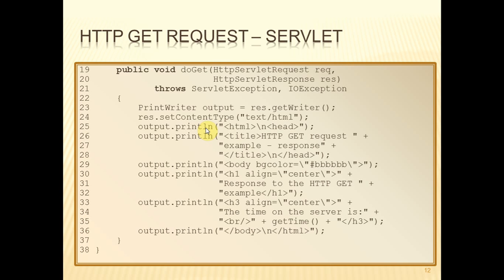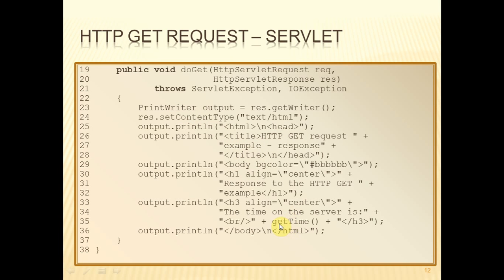And you can use those same methods with output, this PrintWriter. So if you know how to send messages using System.out, then you know how to use PrintWriter too, because it's exactly the same. So what we're doing is sending out lots of messages containing HTML text.